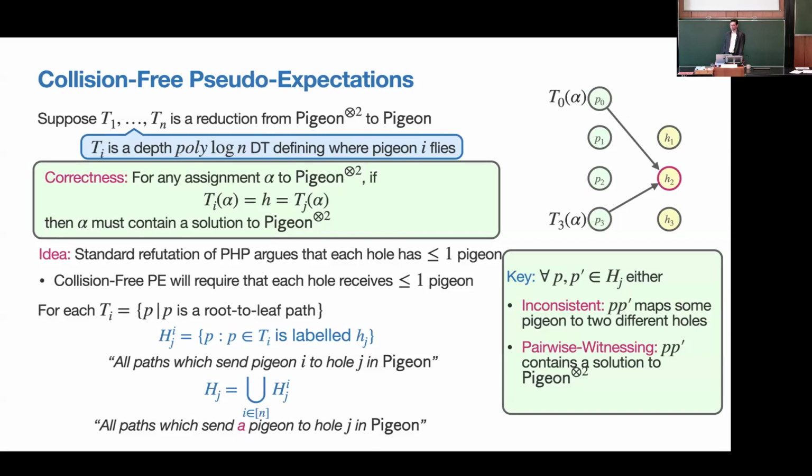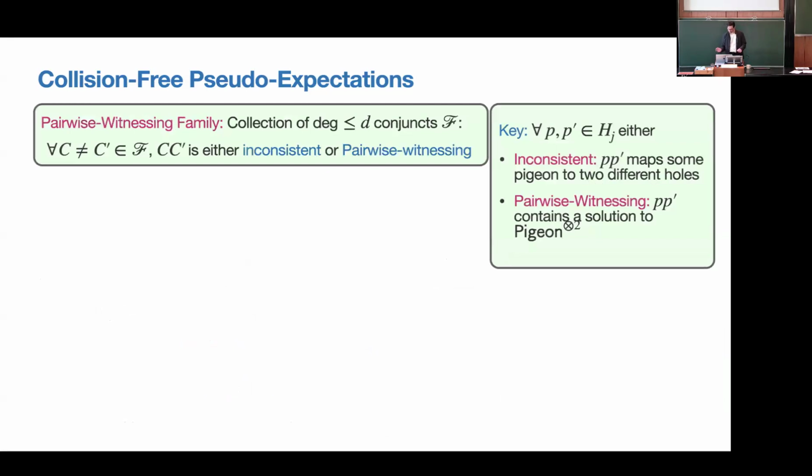If you're seeing a solution to the reduced instance, then you had better have gotten a solution to the original, because these are a witness to the supposed pigeon problem that's doing the reduction. If you found a collision, that collision better tell you what the answer is to both of the original pigeon problems. Exactly. It just follows by correctness. This is the key property here.